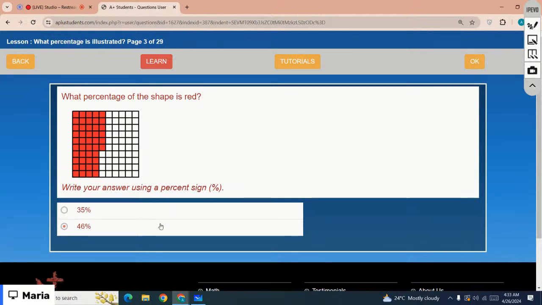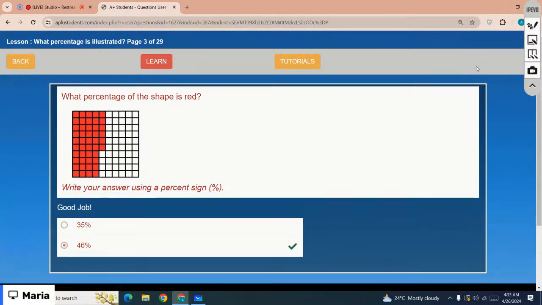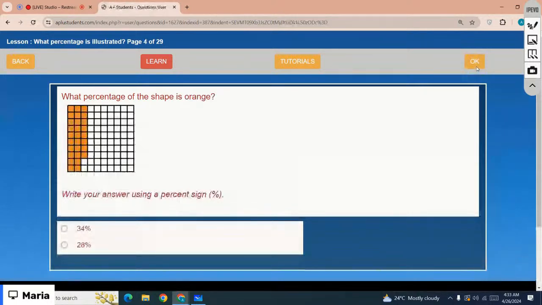Yes, that is 46%. Sorry. What percent of the shape is orange? 28 of them are orange. That is 28%.